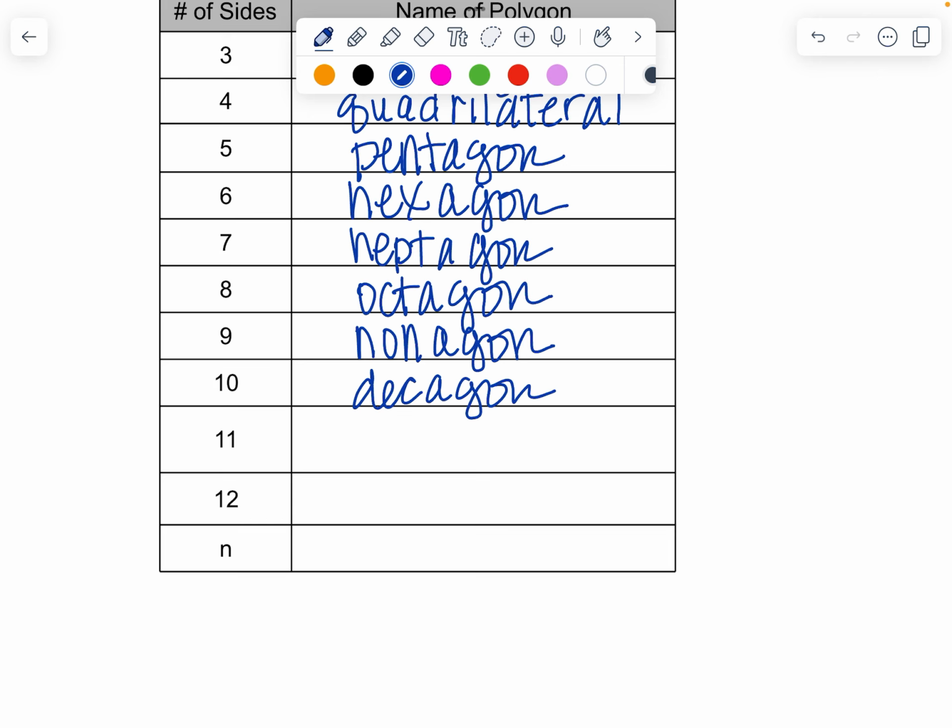Now, 11 has a name, but we don't use it. We just say anything that we don't know. So the ones that we know are 10 and 12. So let's skip 11 for a second. 12 is a dodecagon. Whoa. Dodecagon.